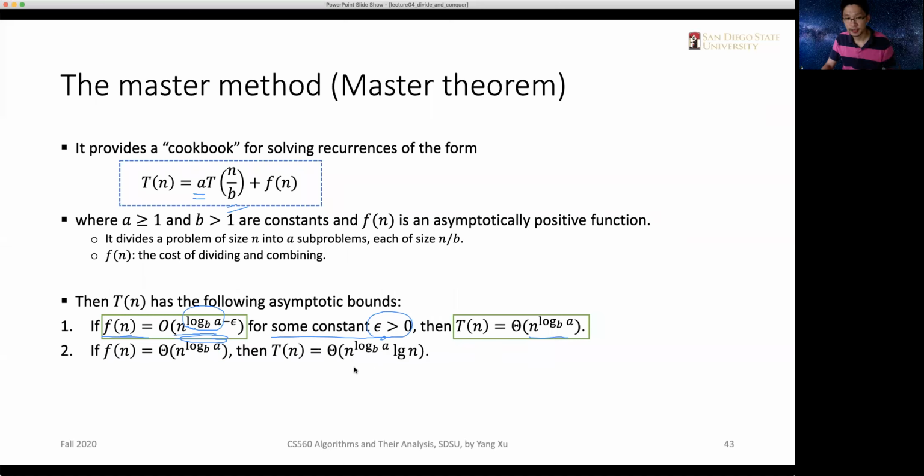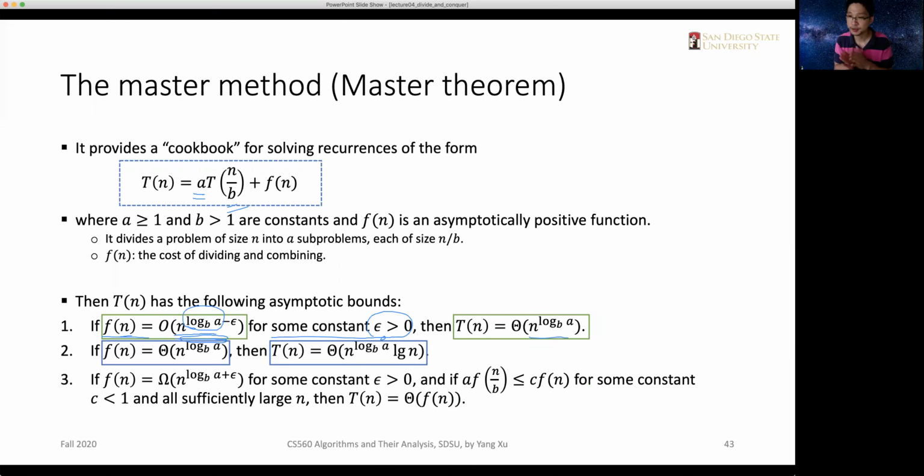In the second case, the 2 functions, f(n) and the polynomial function, have the equal asymptotic property. That is, they grow equally fast. Then the solution is the polynomial term times the logarithm of n. The third case is that the polynomial term is the lower bound.